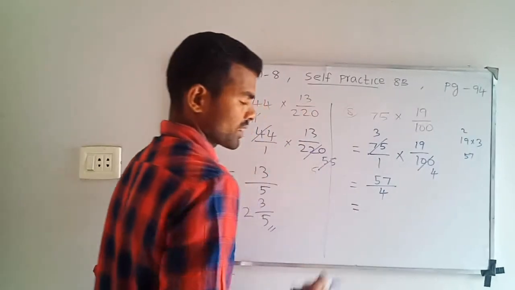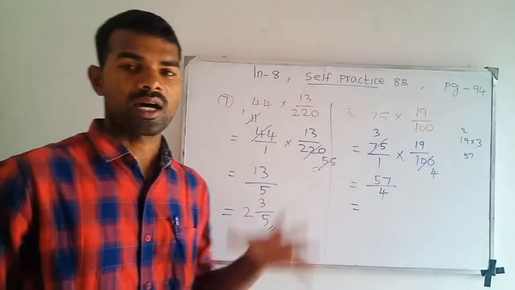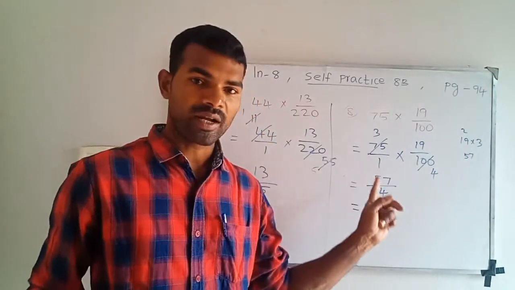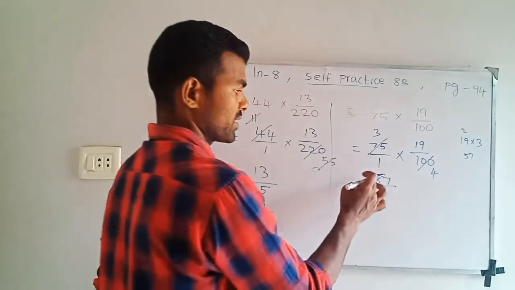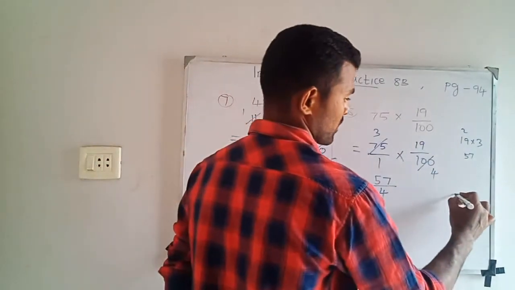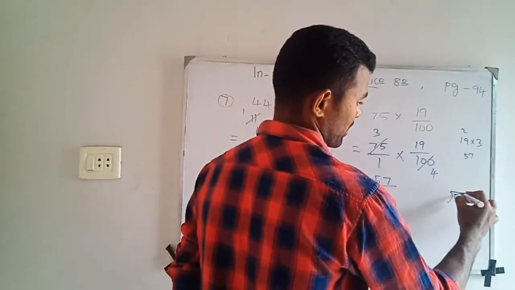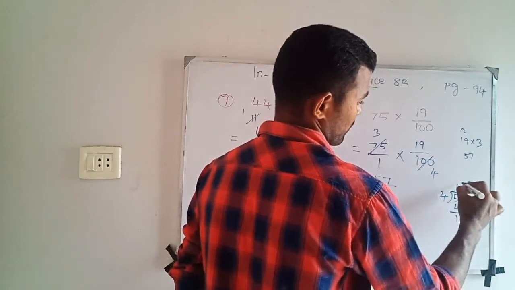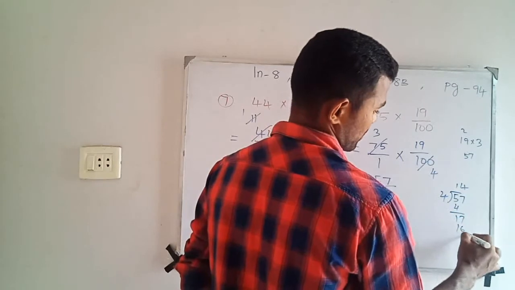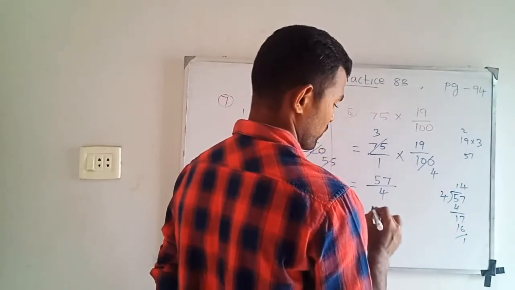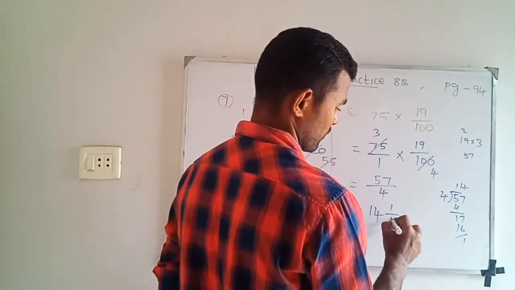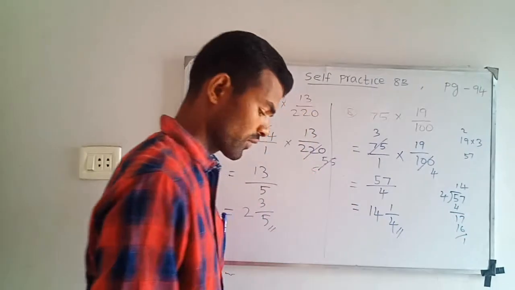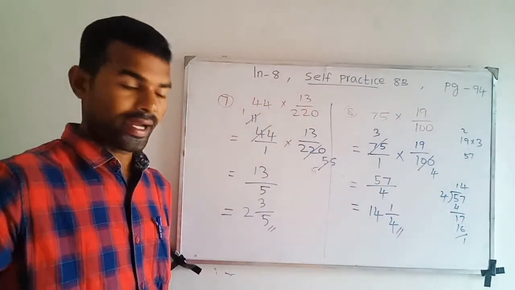The last step is improper, so convert into mixed. Divide 57 by 4. 1 times 4, remainder 1, then 17: 4 4s are 16, remainder 1. So the answer is 14 1 by 4.